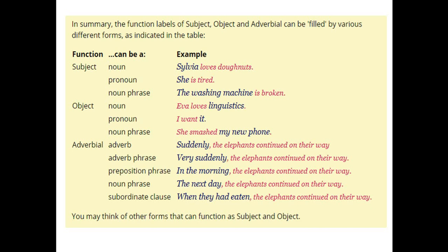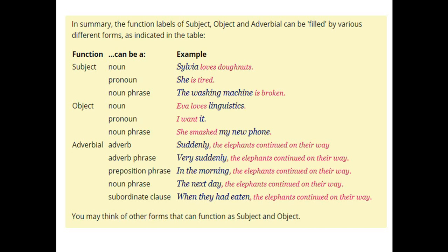Look at the example, Sylvia loves donuts. Here the subject is Sylvia, a proper noun. And a pronoun: she is tired. She is a personal pronoun. Noun phrase: the washing machine is broken. Here the washing machine is the noun phrase as a subject.